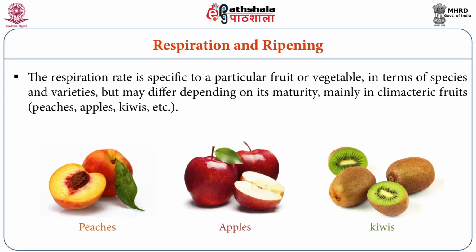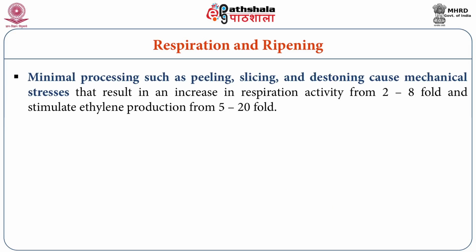The respiration rate is specific to a particular fruit or vegetable in terms of species and varieties, but may differ depending on its maturity, mainly in climacteric fruits like peaches, apples, kiwis, etc. Minimal processing such as peeling, slicing and destoning causes mechanical stress and results in an increase in respiration activity from 2 to 8 fold and stimulates ethylene production from 5 to 20 fold.